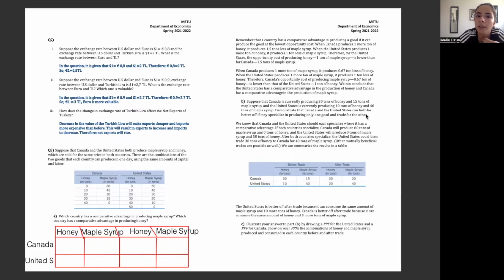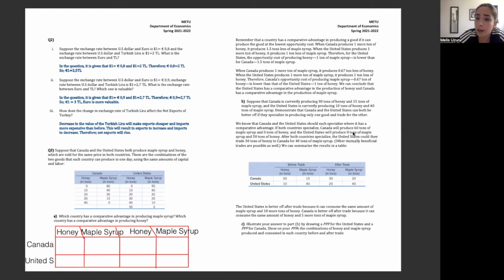We just found which country has a comparative advantage in which good. So if they both specialize, Canada will produce 60 tons of maple syrup and 0 tons of honey, because Canada has a comparative advantage in producing maple syrup.